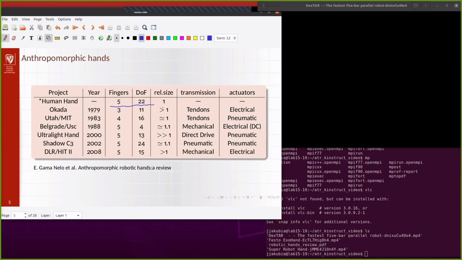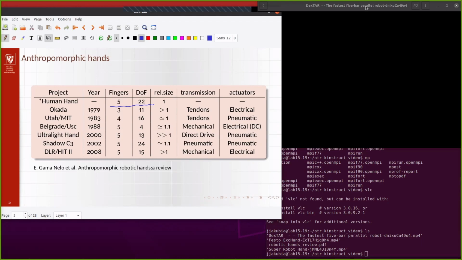So you need to place the actuators in the arm before, and somehow transmit the power and the movement to the joints itself. And that's the additional elements that you need to take care of.